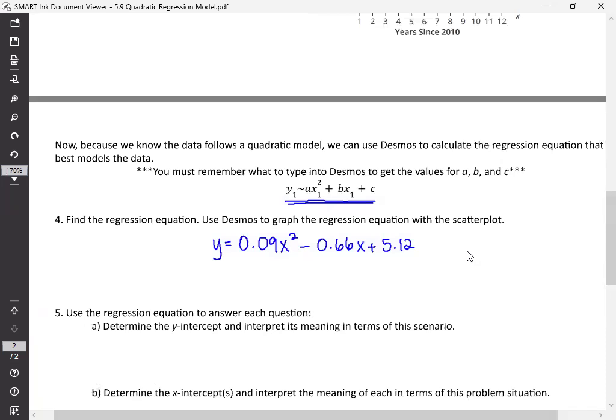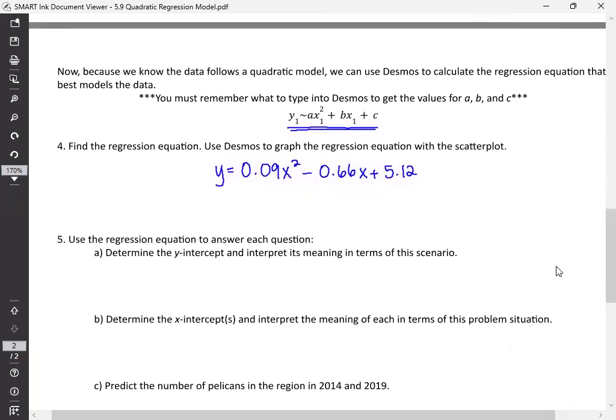Then for question number 5, it says use the regression equation to answer each question. For A, determine the y-intercept and interpret its meaning in terms of the scenario. So the y-intercept, according to my regression equation, is 5.12. This is just our expected number of pelicans at time 0, and for this particular problem, year 0 is 2010.